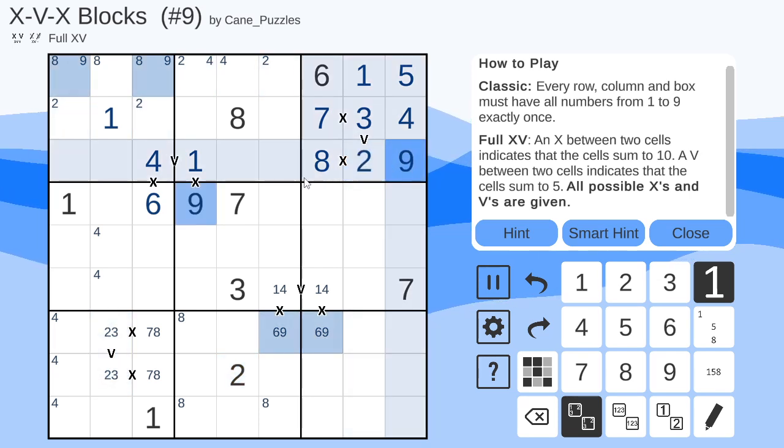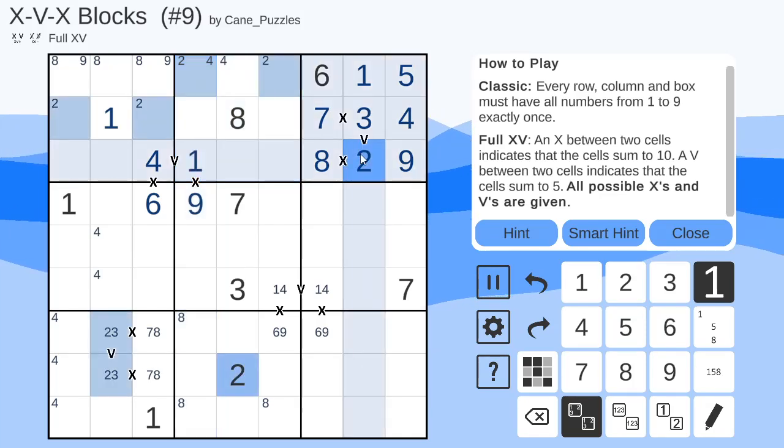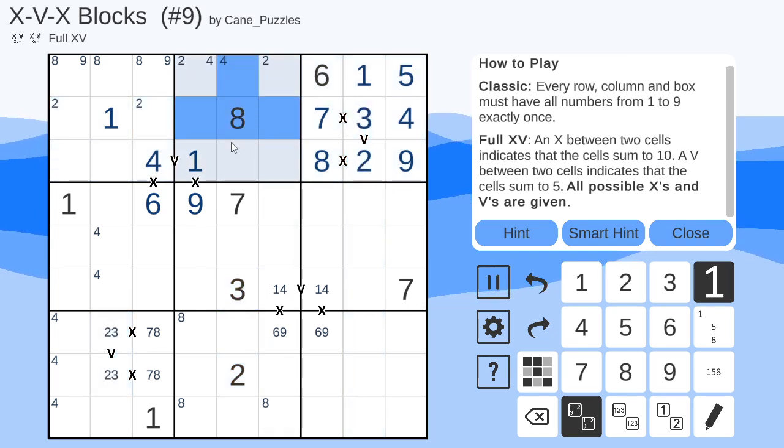This 9 here, that doesn't help. 2, 3, so 3, 2, 3, 7.